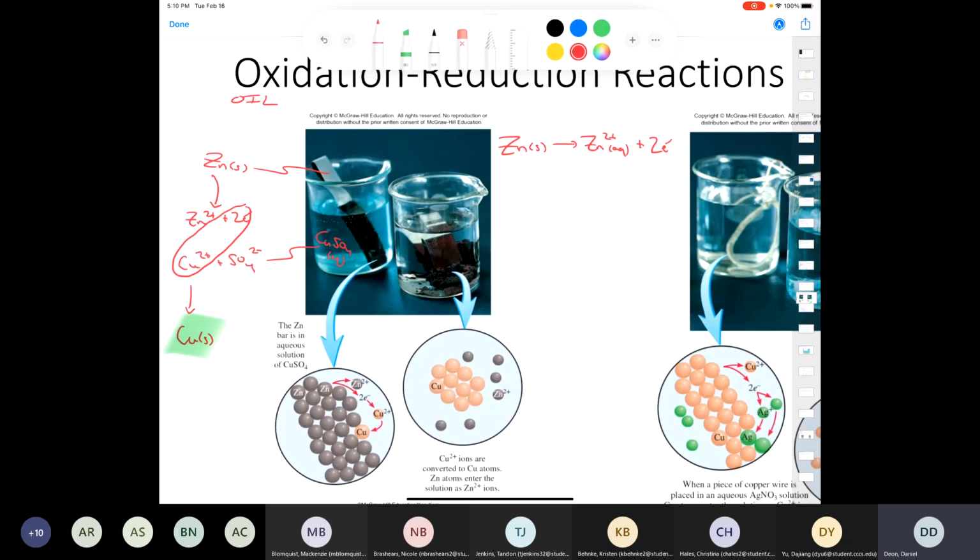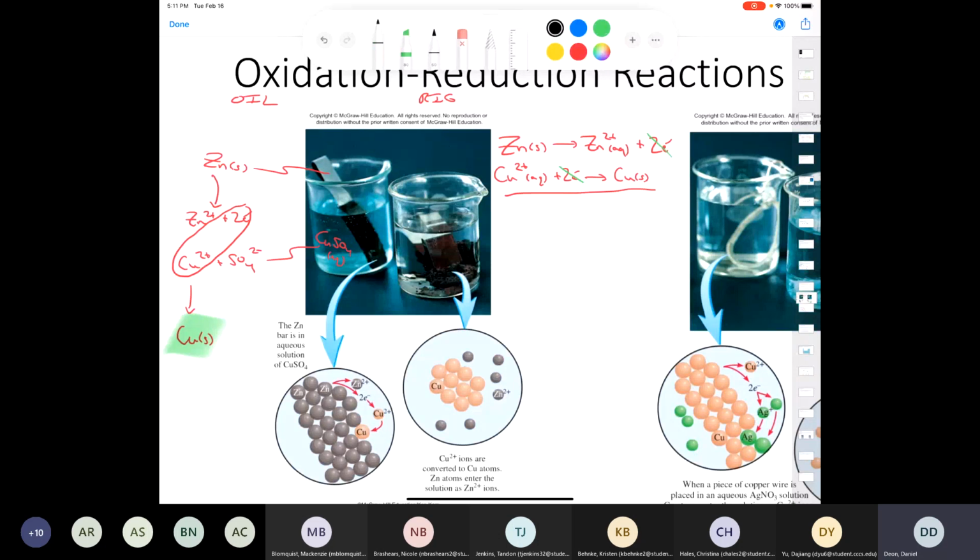The copper is being reduced, right? Reduction is gaining electrons. We start with copper 2+ ions, and they gain 2 electrons to form copper solid. If I tally both of these up, you can see that the 2 electrons are the same on opposite sides.